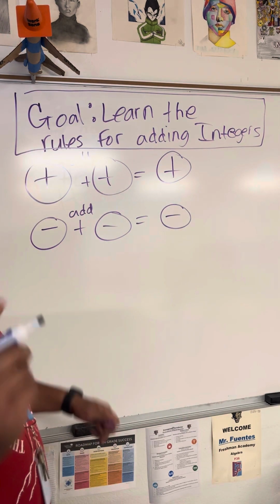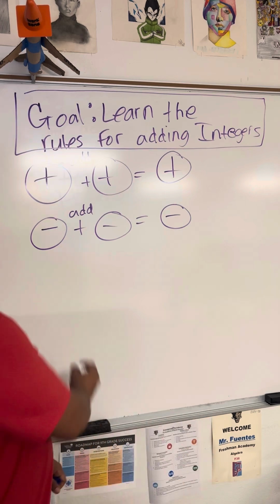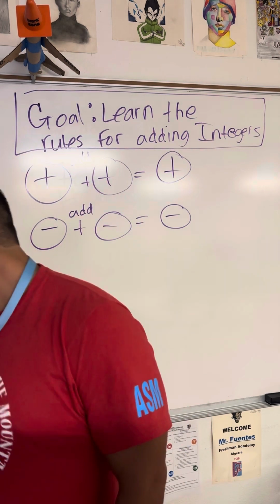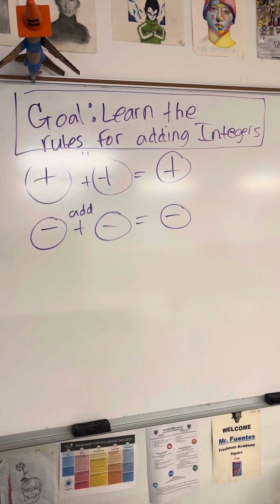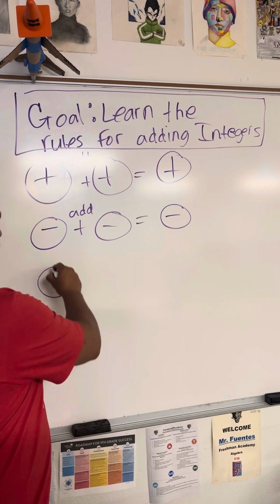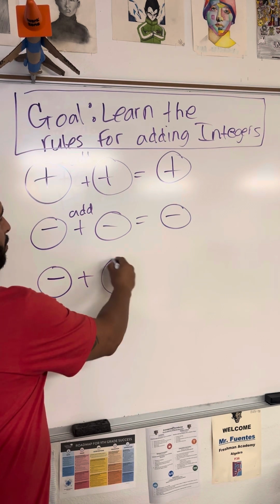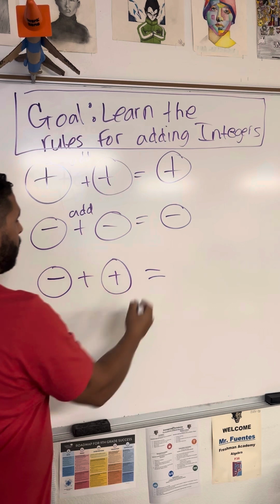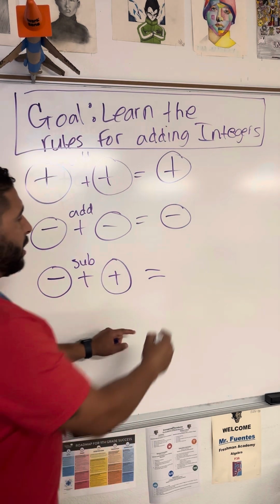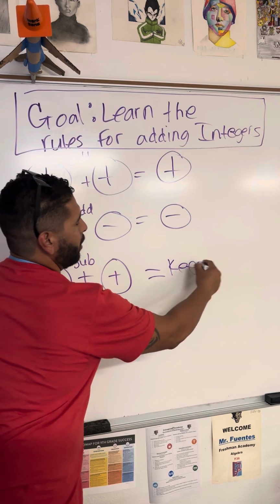This last one is probably the trickiest. When you have a negative and you're adding it to a positive, really what you're doing is you're subtracting and you're keeping the sign of the bigger number.